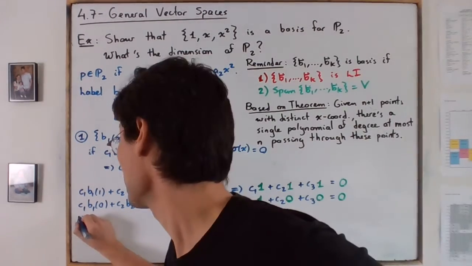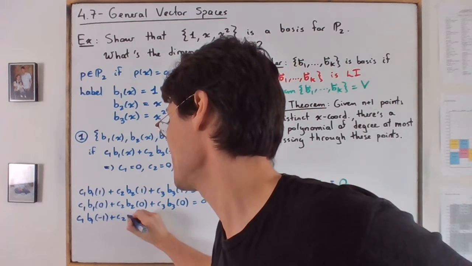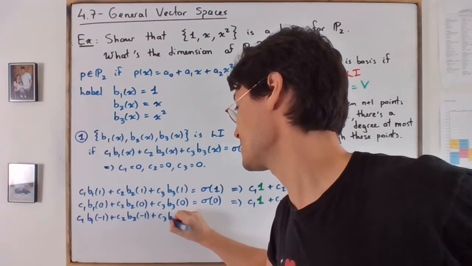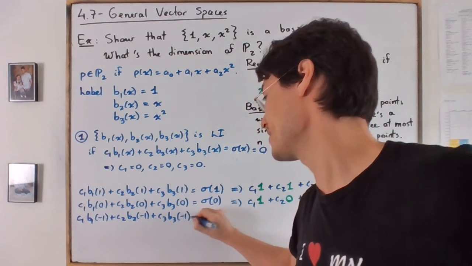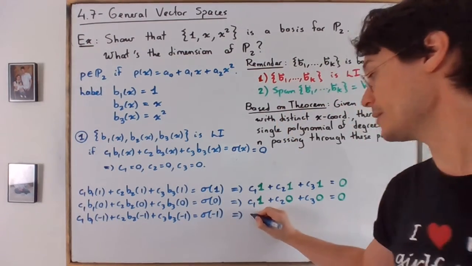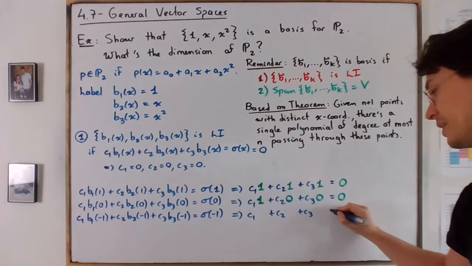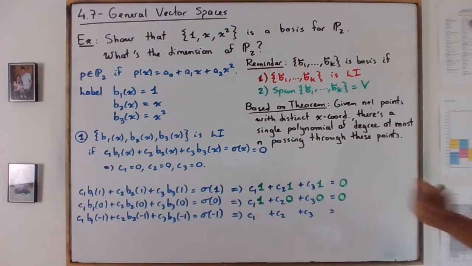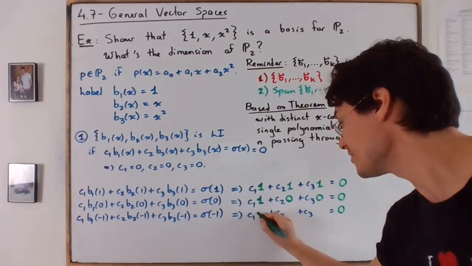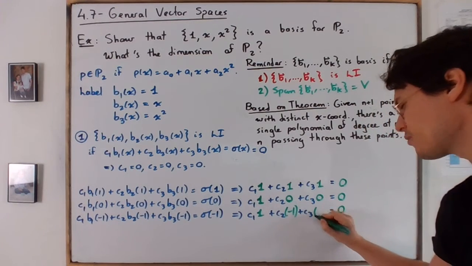Then finally, we do it at -1. The idea is really to get some nice values. So C1 B1(-1) plus C2 B2(-1) plus C3 B3(-1) has to be equal to the zero polynomial at -1. B1(-1) is obviously 1, but there we will have a -1, and here the -1 squared.